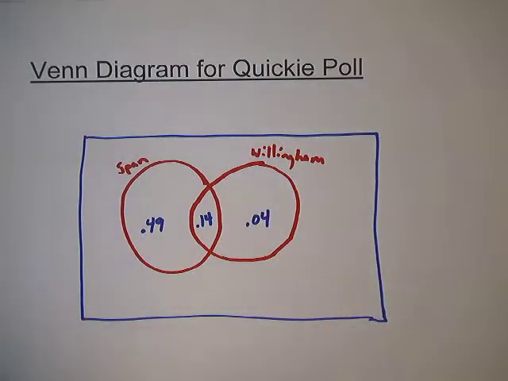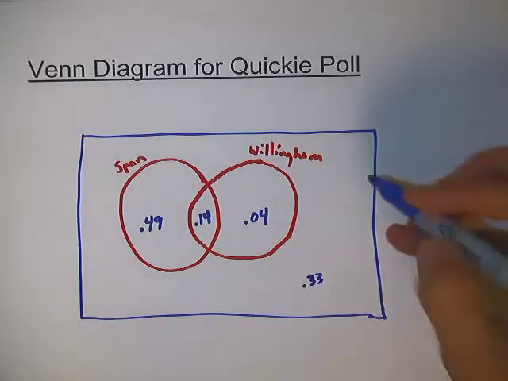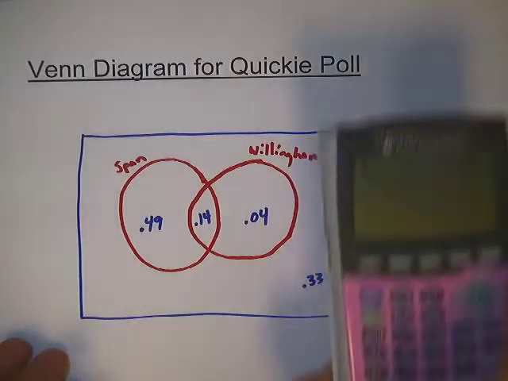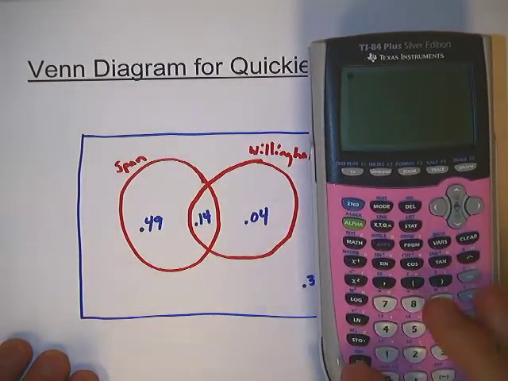Now the people that don't want to trade either, that 33% is going to go inside of the box but not inside of any of the circles. What's important is that all of the probabilities that you have marked in your Venn diagram need to add up to 1. So let's make sure that those four numbers all add up to 1.